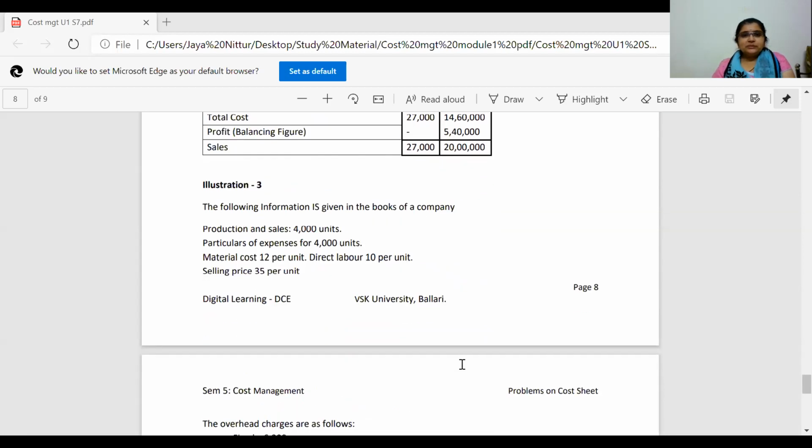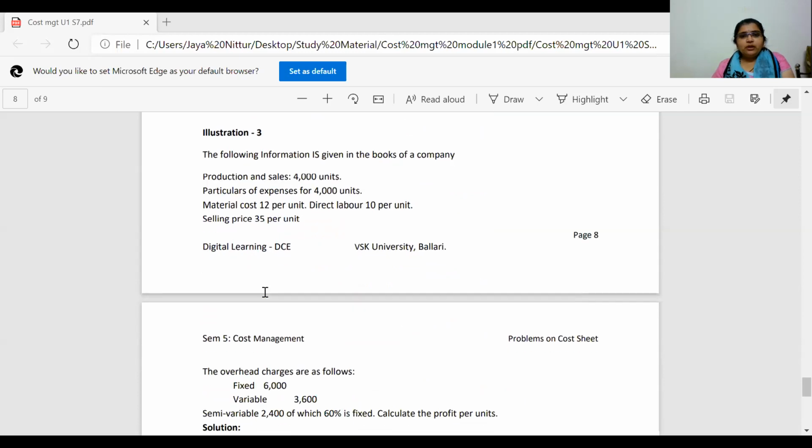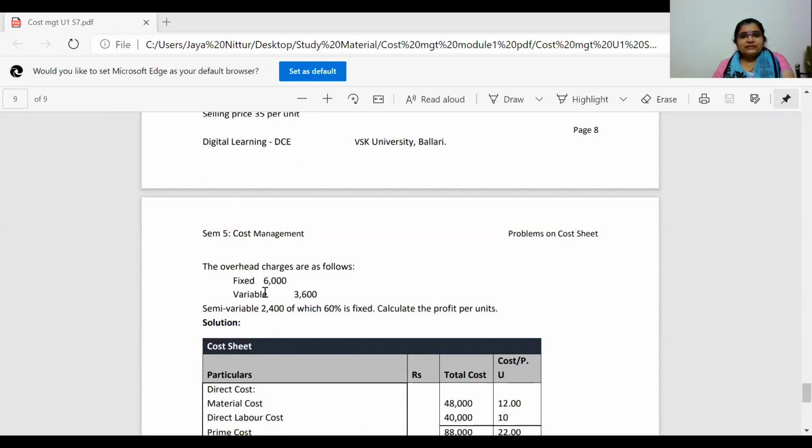Here is another simple example. They have given production and sales of 4,000 units, particulars of expenses, material cost 12 per unit, direct labor, selling, and so on. Here we need to know the material cost.